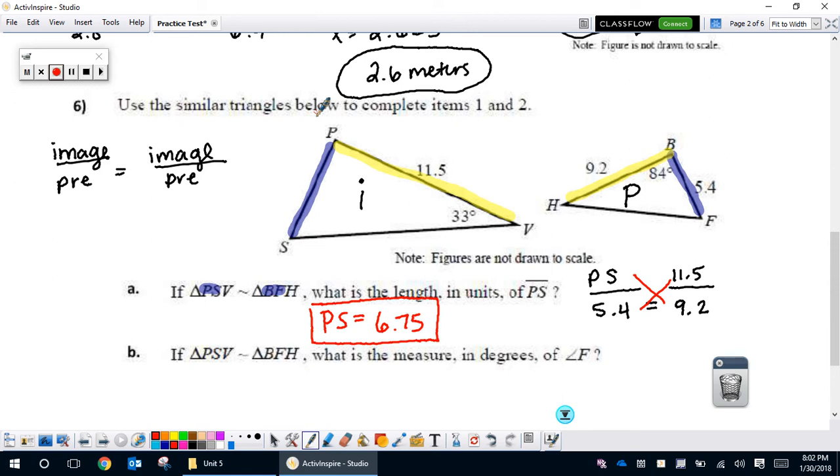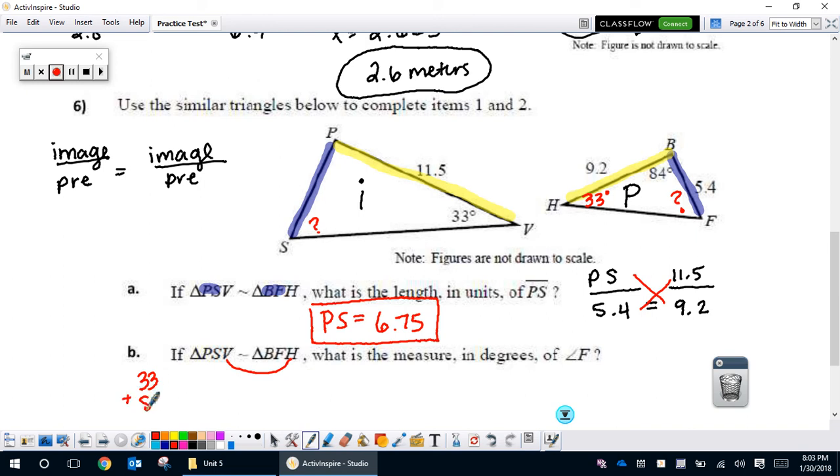Alright, then it wants the measure of angle F. Well, the angle measures stay the same, so what I would do is match up F to S. Sadly, we don't know S either. But we know V is 33 degrees, so that means H is 33 degrees, and then you just need to find the missing angle of a triangle.